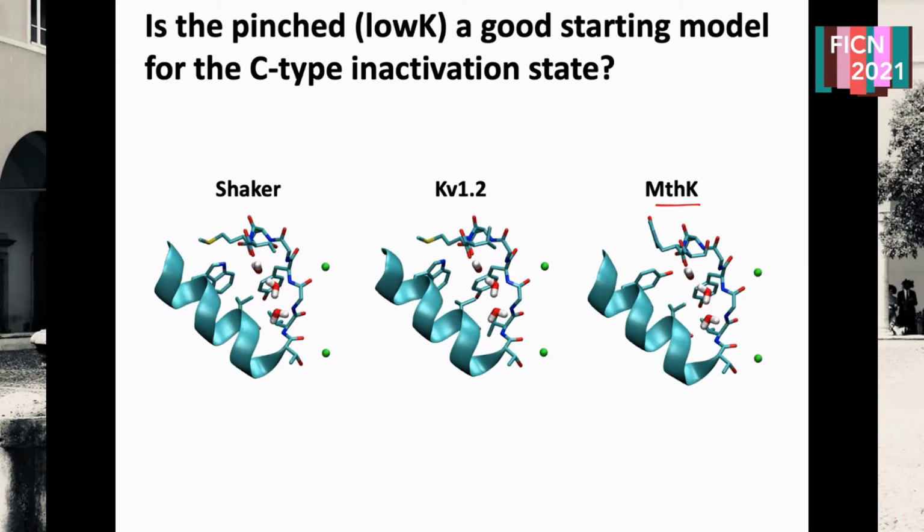In principle, you can build a homology model. You can see it here, 3 waters, and this is the conformation of a constricted Shaker. This is a constricted conformation of Kv1.2 with the 3 waters here, and MthK constricted with 3 waters. And there's no steric clash or anything. So in principle it should be feasible, but this is a hypothesis, and it has been very puzzling that this is not observed.